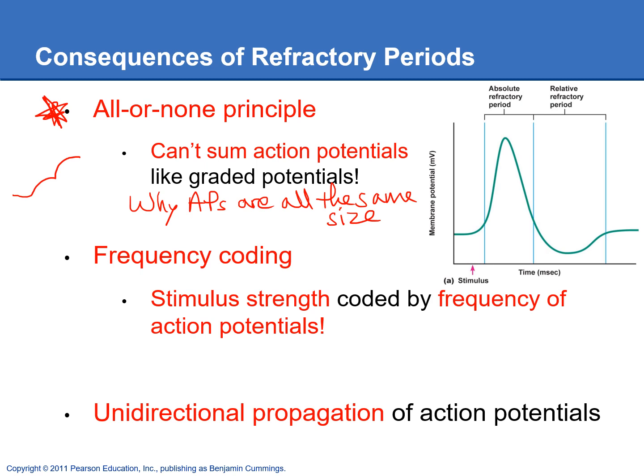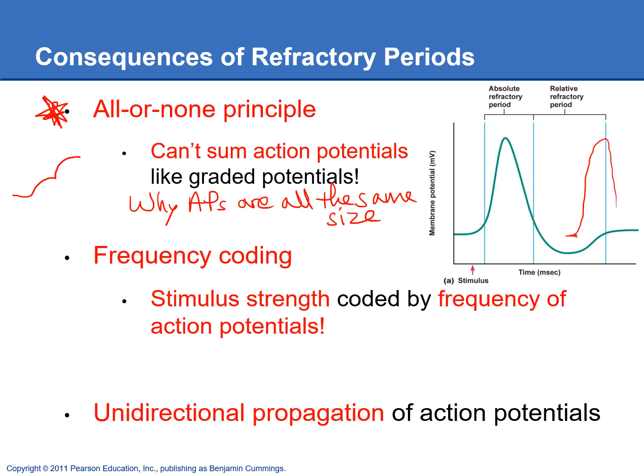You can't do that with the action potentials, because by the time you're out of the absolute refractory period and you could generate another action potential, all of this is gone. So if you stimulate another action potential here and you start to go up again, there's nothing left to add on to.